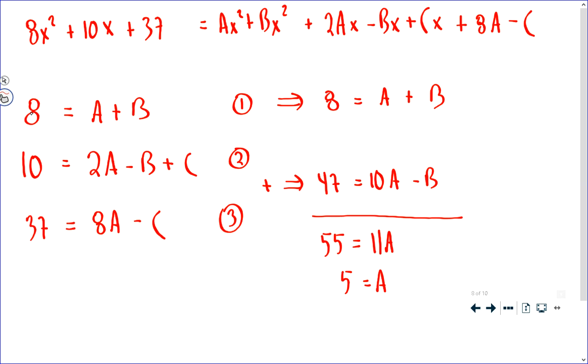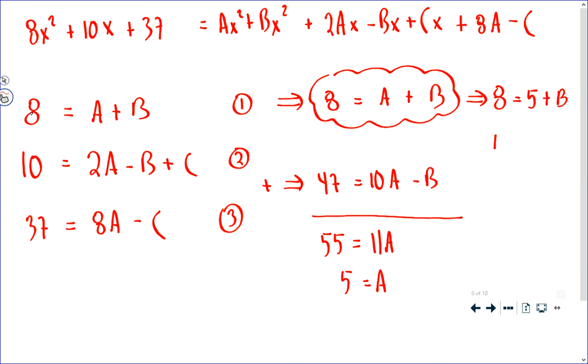How can I find, for example, b? Well, that's pretty easy because if a plus b is 8, then I can write that 8 equals a, which is 5, plus b. Now I know b. b is 3. 2 down, 1 to go.